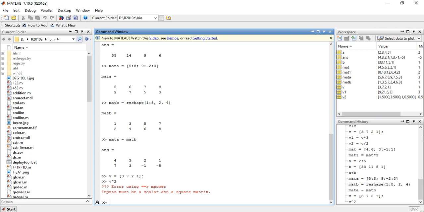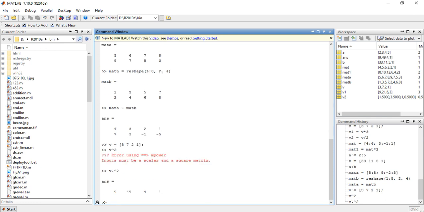So instead of using the power sign directly, you have to use v dot power 2. This is how you can calculate the square of each element of the vector.